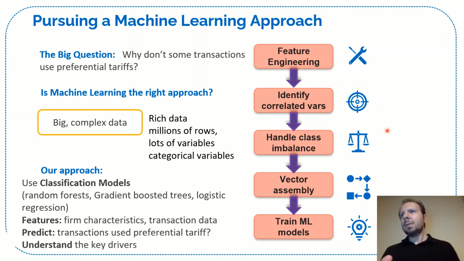And then we are looking at the problem of class imbalance. So in our case, we have two classes: one that represents transactions that have utilized preference tariffs, and another class that represents those transactions that haven't utilized preference tariffs. For our data, one of the classes was significantly underrepresented. That was the class with the transactions that didn't use tariffs.